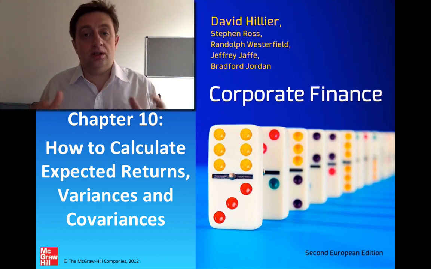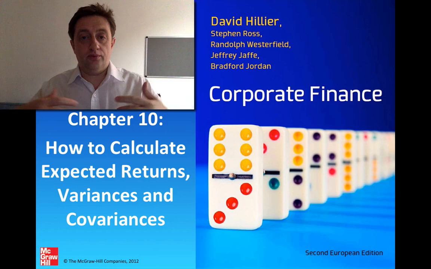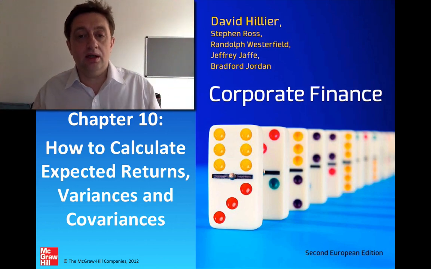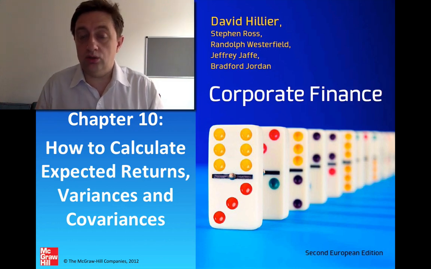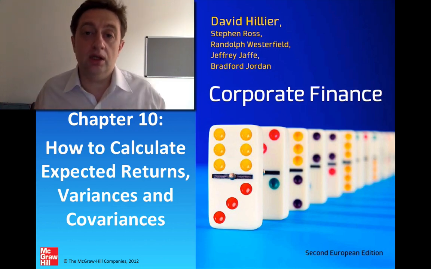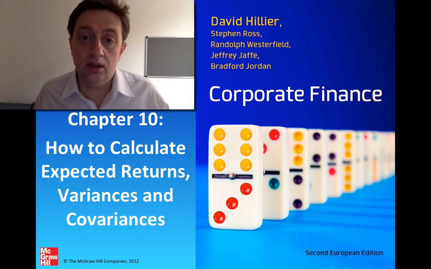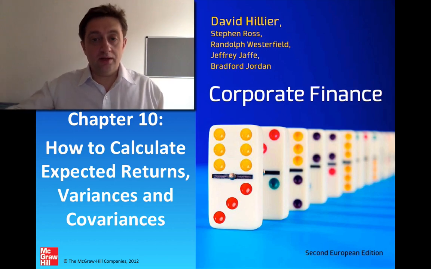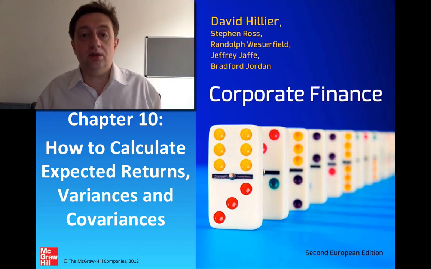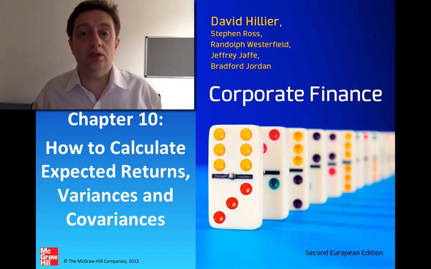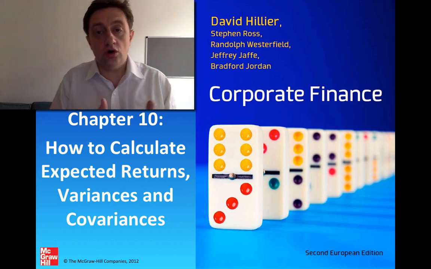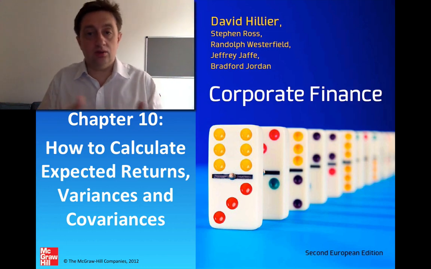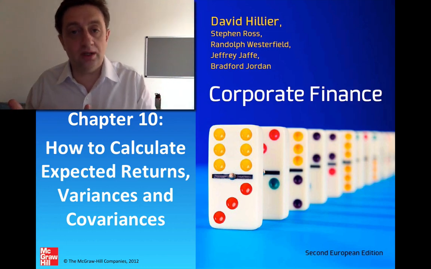Now, the cost to you of getting that financing is a return to the investor. So, whereas you're saying, well, okay, it's going to cost me so much to issue equity, the investor, the provider of the funds, will be saying, how much return am I going to get? How much am I going to get from this investment? So, the cost to the manager is the return to the investor.